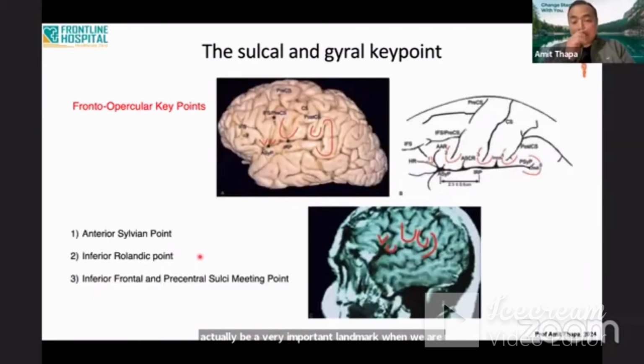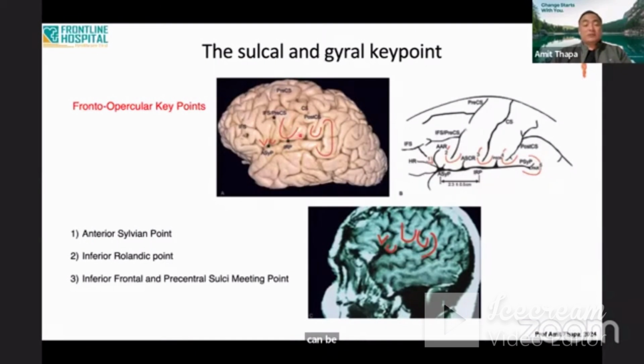Now, the conclusion with the gyral anatomy is that these sulci, which are forming the upper lip of the sylvian fissure, can be too varied, as Dr. Ribas did show in his talk.